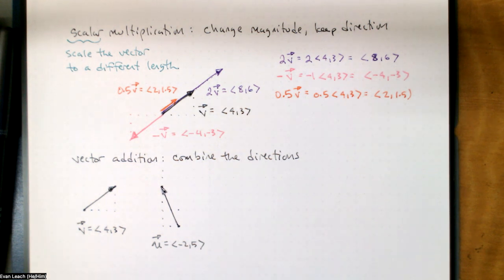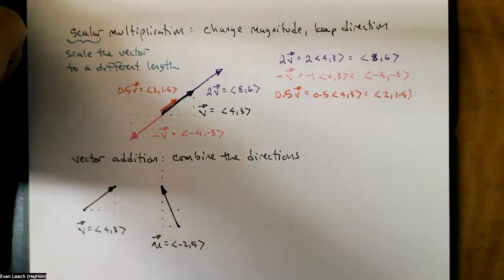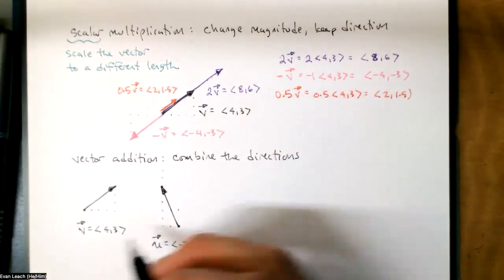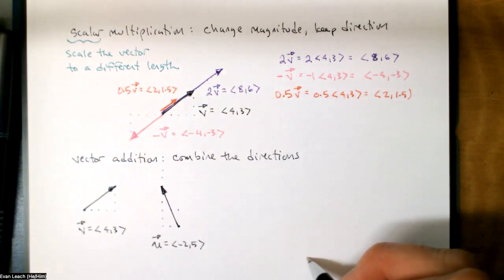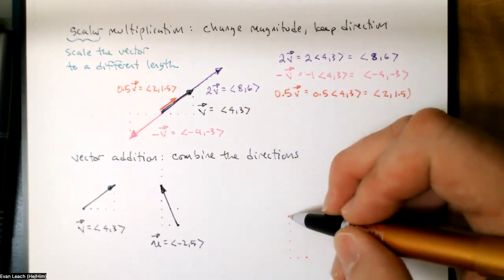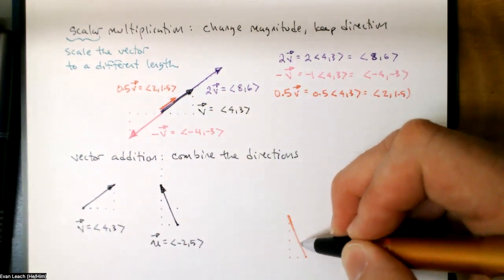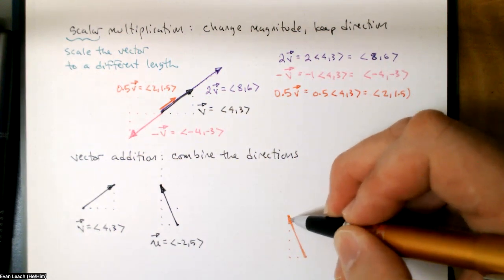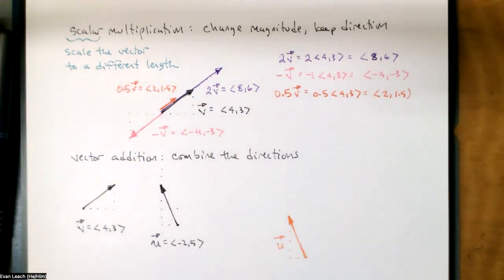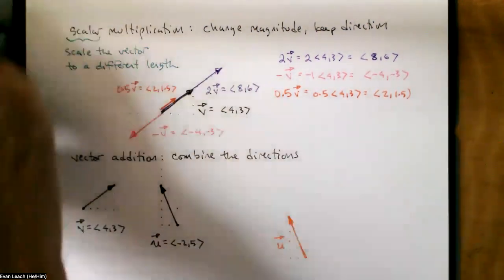If we combine these two vectors, we just do one of the directions and then we do the other direction when we finish the first one. We just combine the directions. So u plus v, I start off, I draw the u vector. And then at the end of the u vector, I place the v vector.